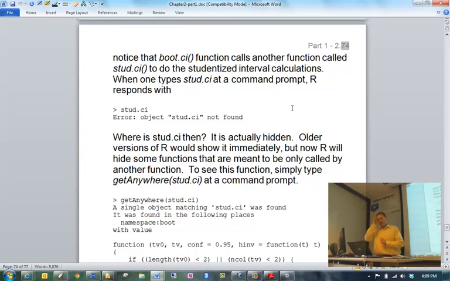So we were talking about the boot.ci function, which helps automate the process of doing some of these confidence intervals, but you need to be very careful about the structure of what you pass into boot.ci, and know what is actually being calculated.